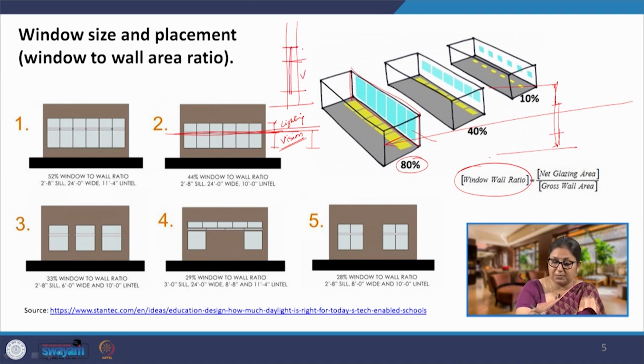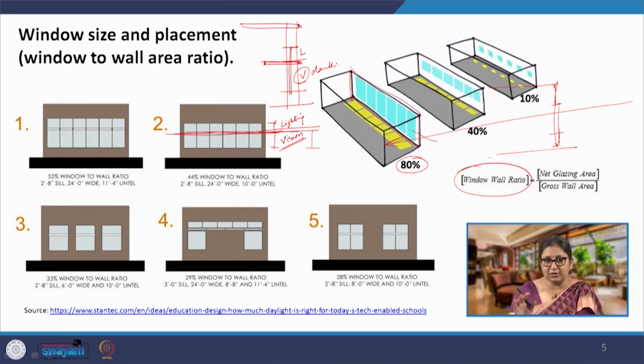So, this is the vision part of it, and this is the light part of it, and then we have the ceiling. Now, if I provide a light shelf here, and this vision glazing is a darker shade, it does not bring in that much direct light and does not interfere with the vision. So, what will we do?